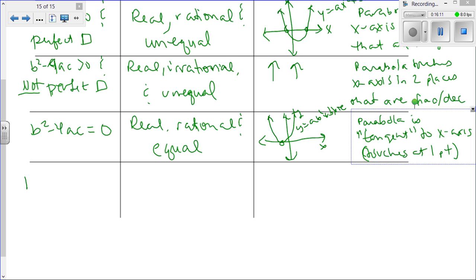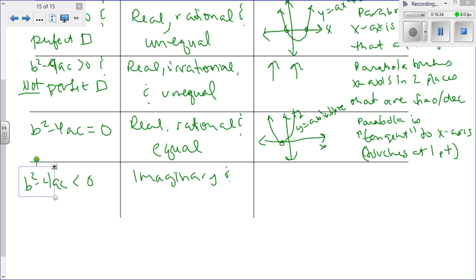And finally, if we have b squared minus 4ac is less than 0, my roots are imaginary and unequal.